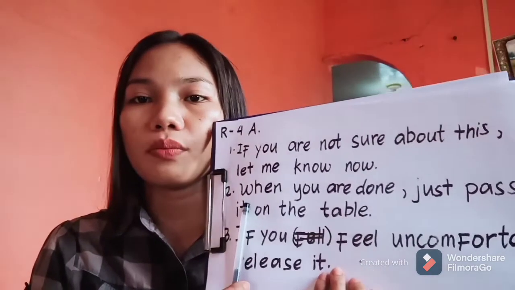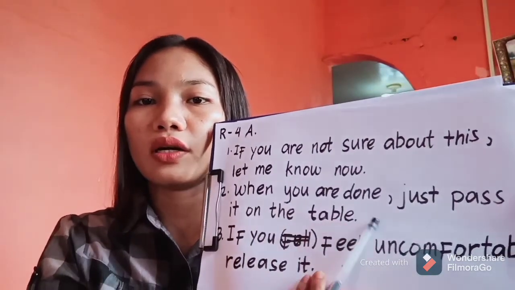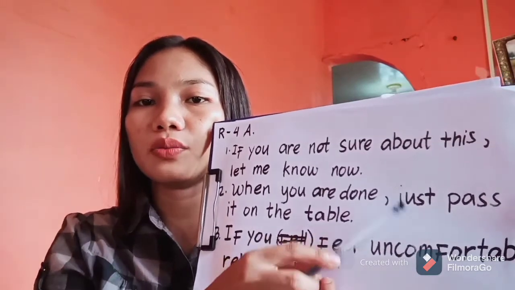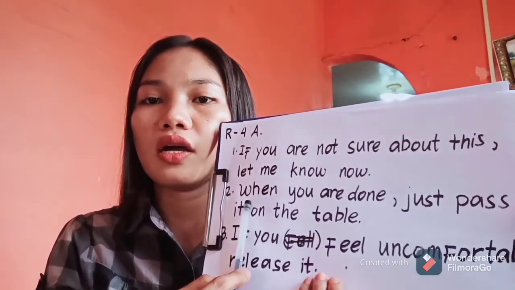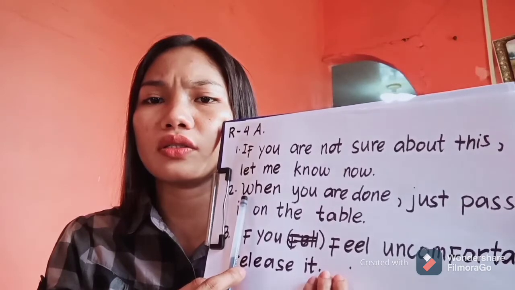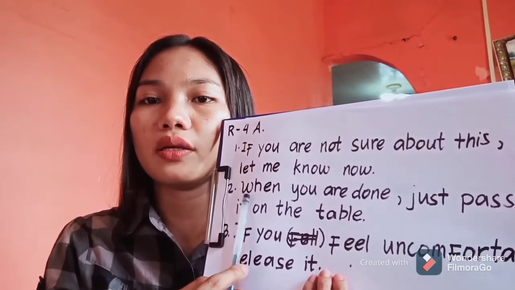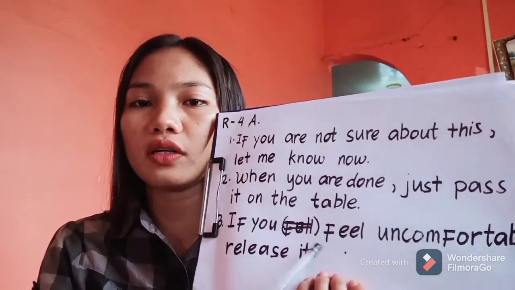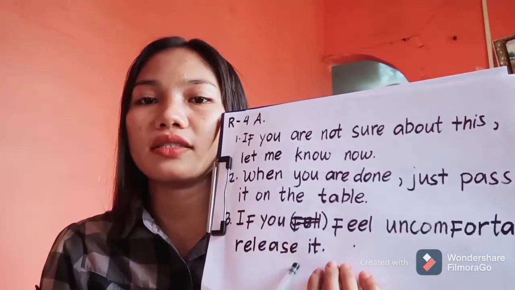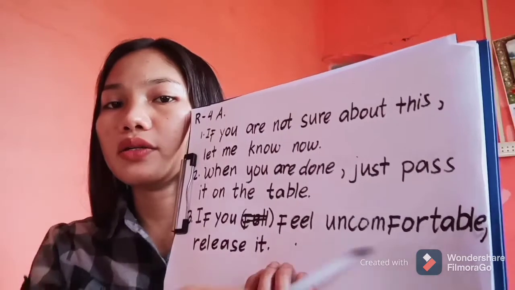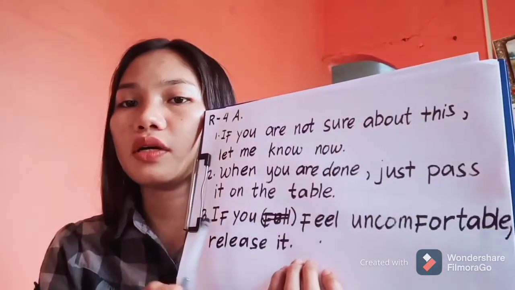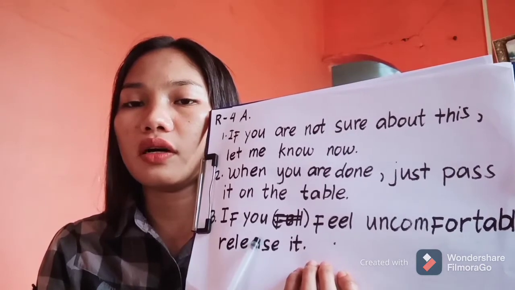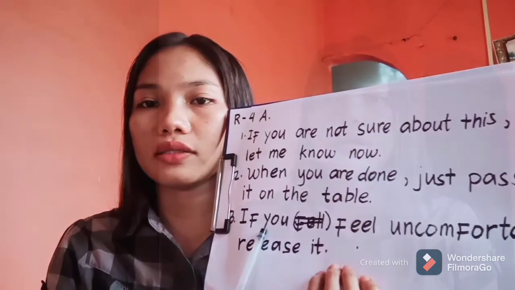Another example, when you are done, just pass it on the table. And another example, if you feel uncomfortable, release it. I put the comma because the sentence starts with a dependent clause.